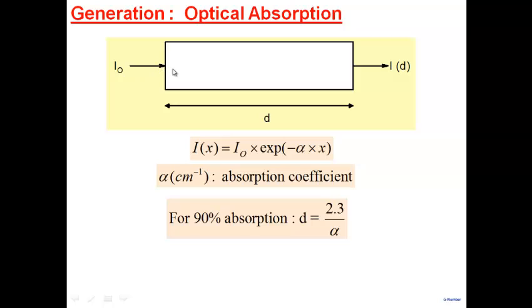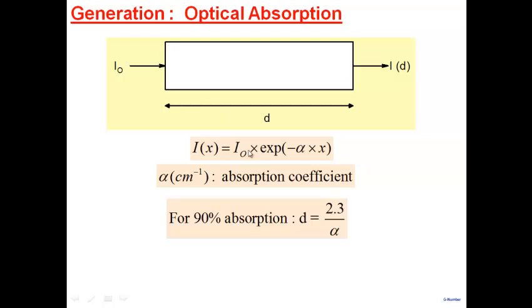As the light travels through the semiconductor, the photons are absorbed and the light intensity decays. And if the semiconductor is thin, some light may come out of the other side. If the semiconductor is thick, almost all the light will get absorbed. Obviously there's also a possibility of reflection here. You will have metals here, so it may reflect the light back into the semiconductor. You have reflection at this particular point here also.